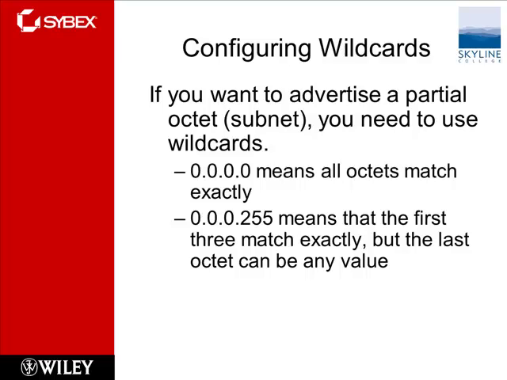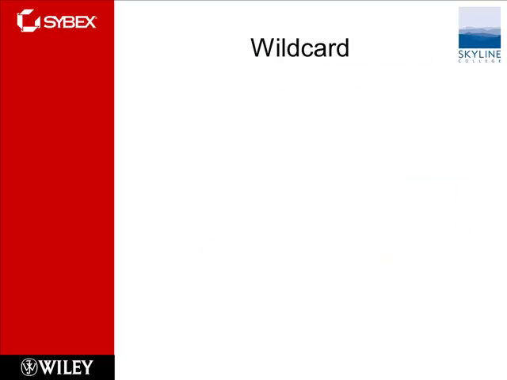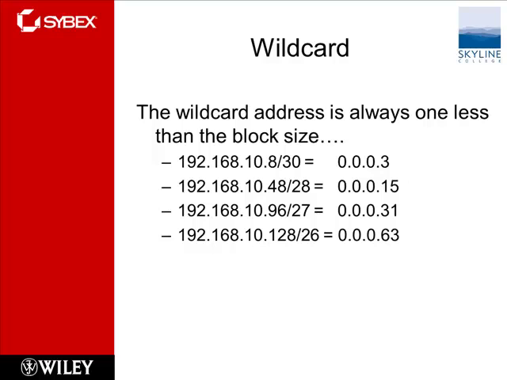Wildcards, we've already talked about these. 0 means exactly, and if we use 0.0.0.0, it means that specific address. 0.0.0.255 is a class C, any class C. We don't care about what's in the last octet, only what's in the first 3 octets. And the block sizes are kind of useful.